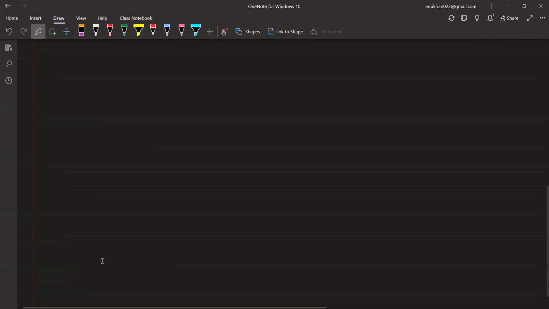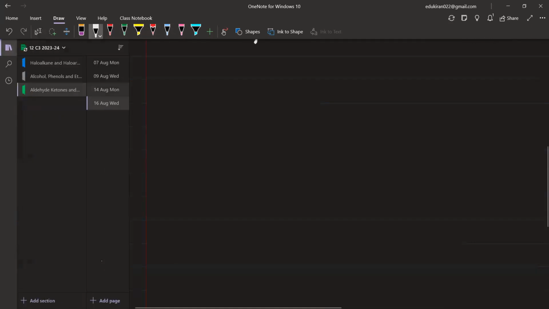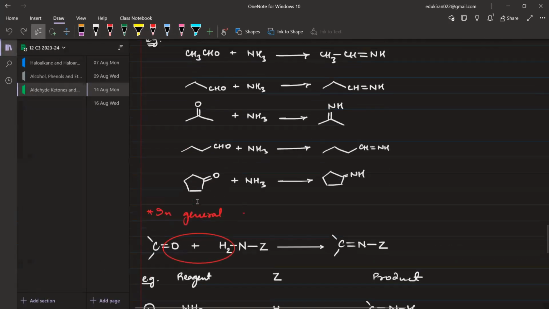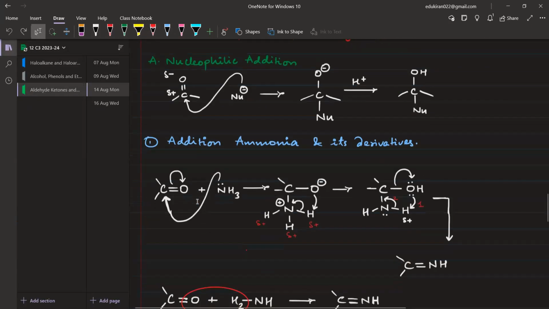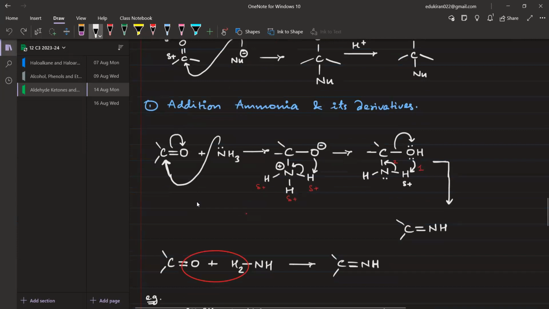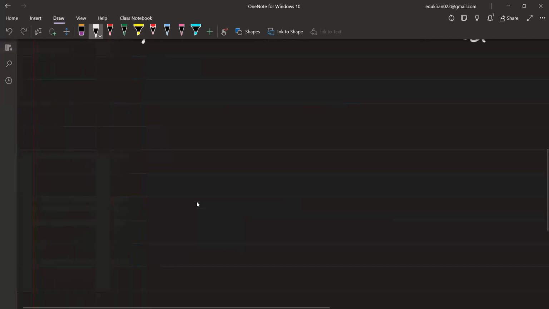Okay, chalo. Now, guys, please write. So we were looking at nucleophilic addition reactions of aldehydes and ketones, and we have seen for ammonia, but we did not actually write anything. So addition of ammonia and its derivatives is the section and the first reaction. And in this, first of all, we'll react with ammonia.